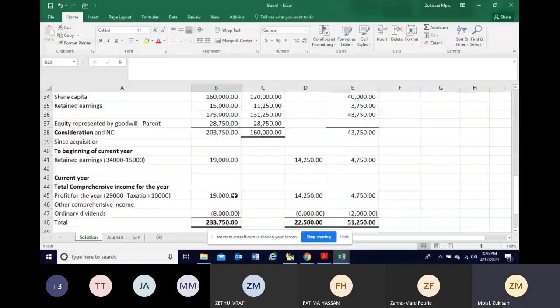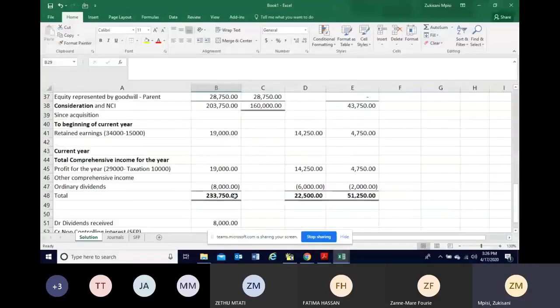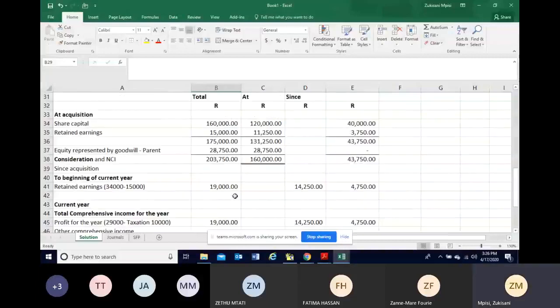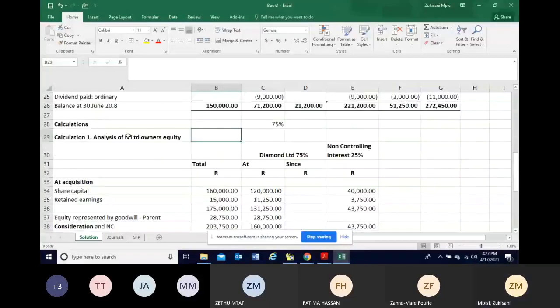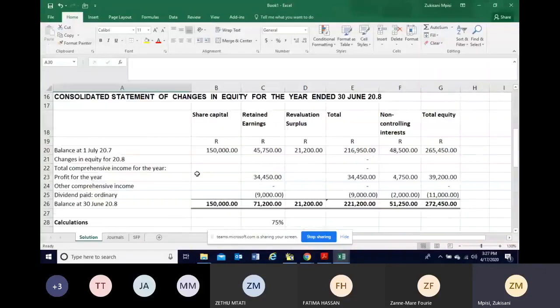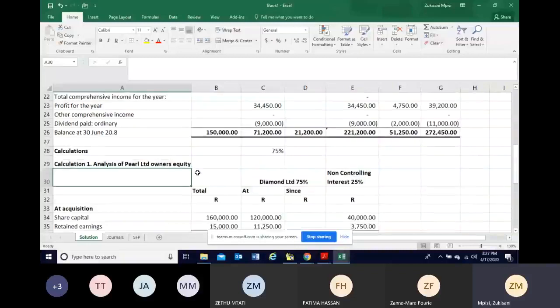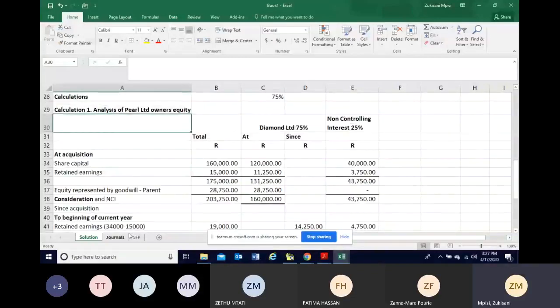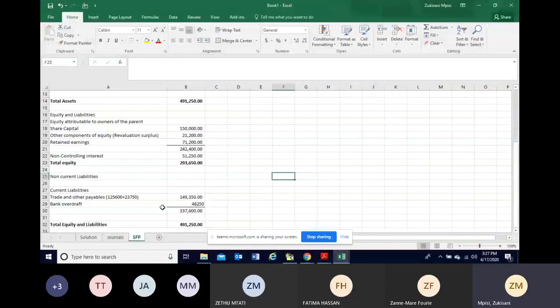We started with the statement of changes in equity, analysis of PEL Ltd, and then we made the statement of profit or loss and other comprehensive income, statement of changes in equity, analysis of equity, statement of financial position. So we were able to do everything in one go.